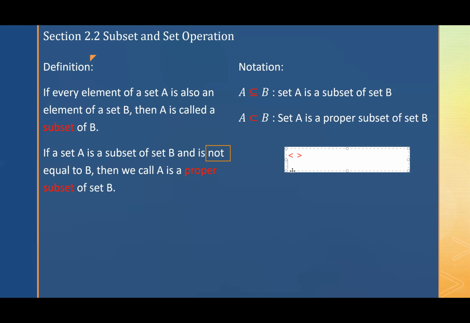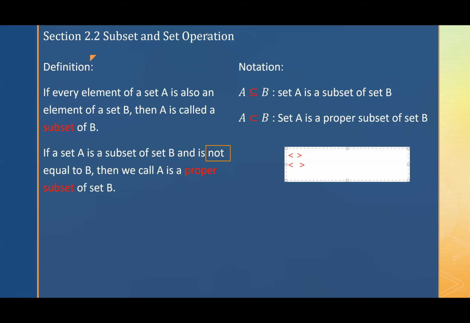Remember if there's an underline, like less than or equal to, we can include the endpoint. If we have greater than or equal to, we can include the endpoint.